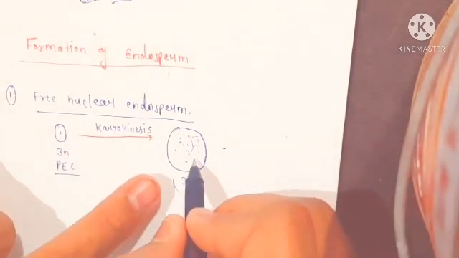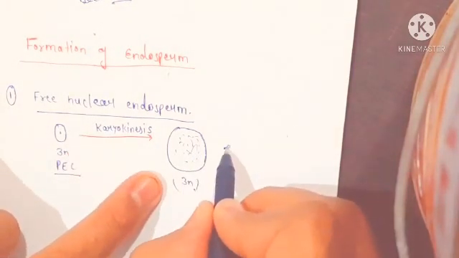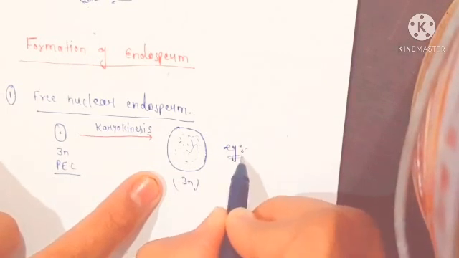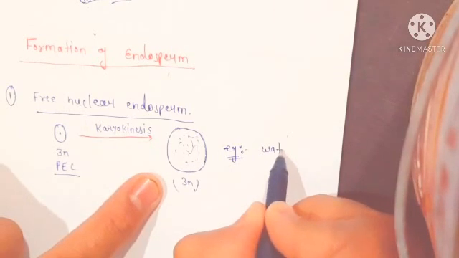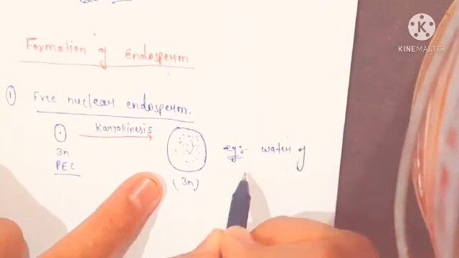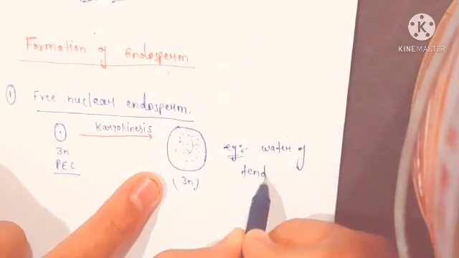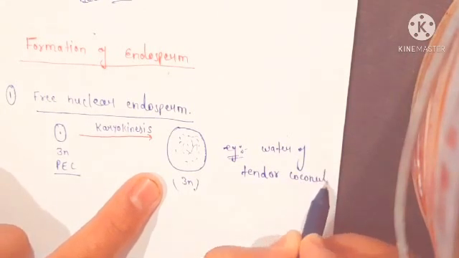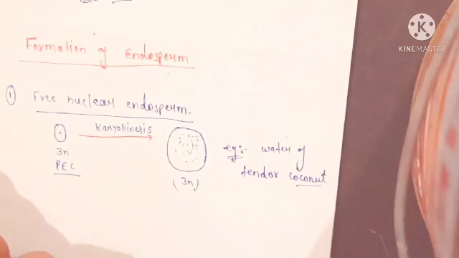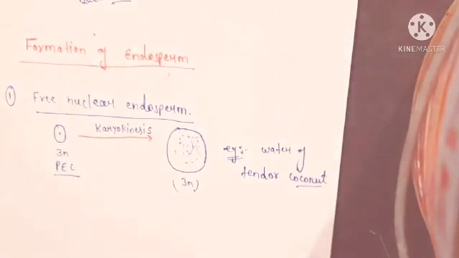In this way free nuclear endosperm is formed. For example, water of tender coconut. Okay, that is the first type.